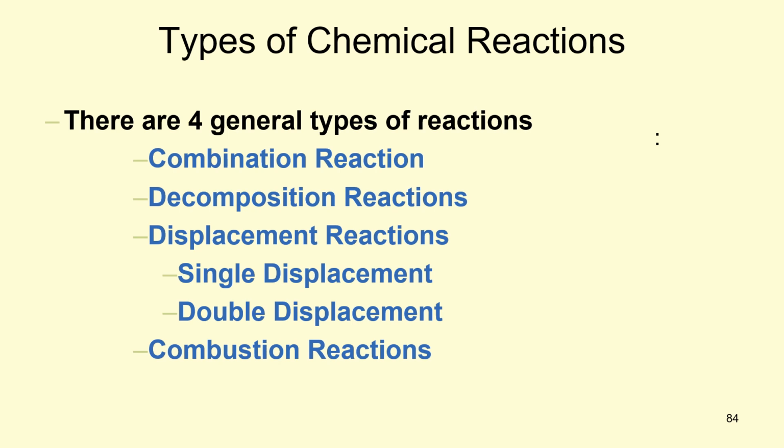Sometimes they're also called replacement. So displacement or replacement are the same thing. We could have either a single displacement or a double displacement. And then combustion gets its own little category.